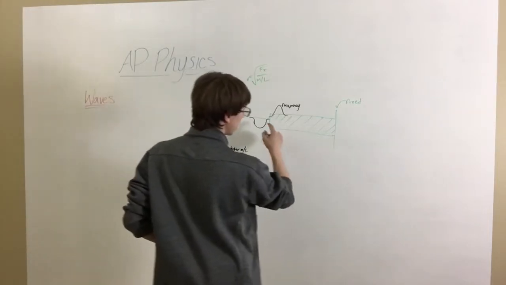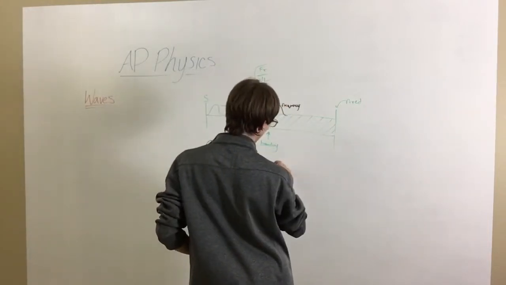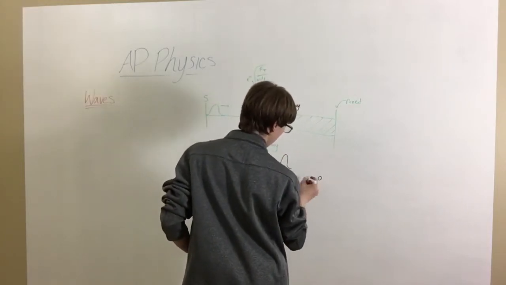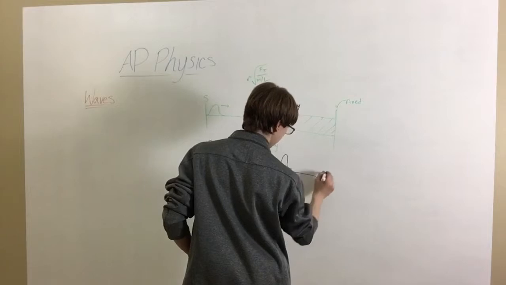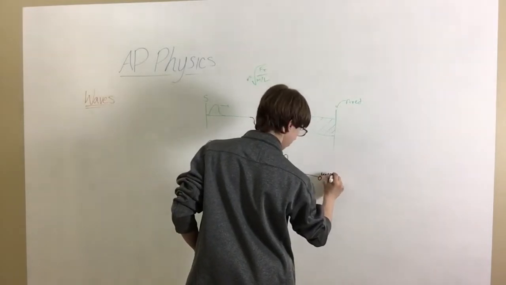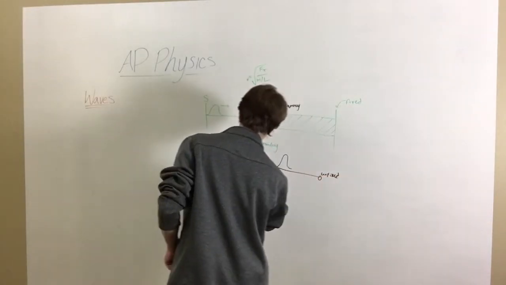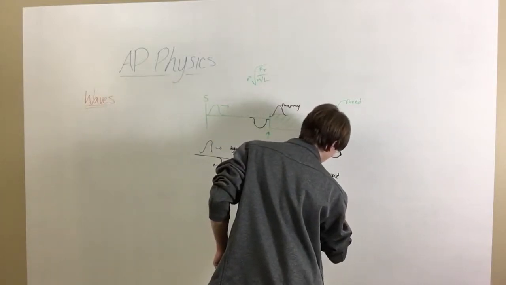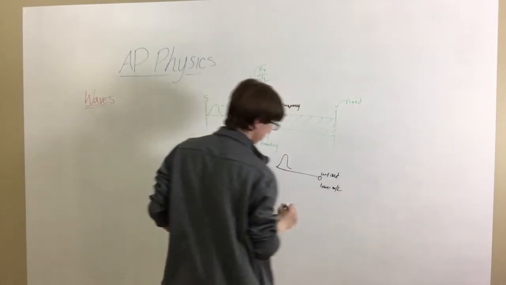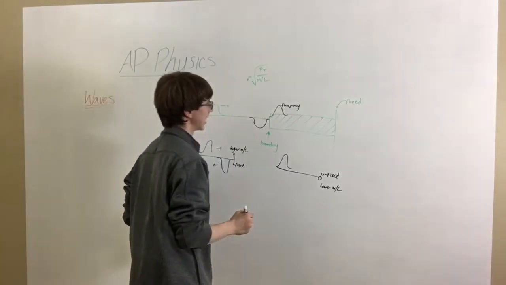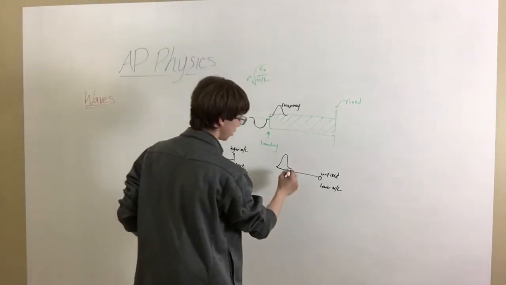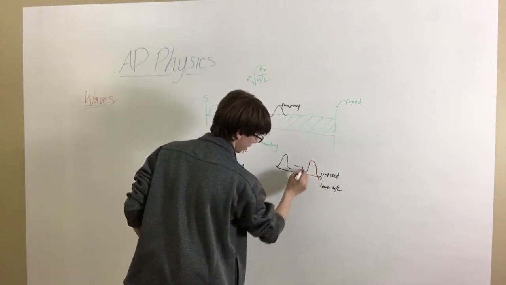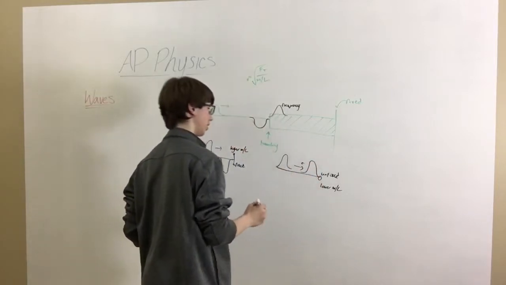But when a wave reaches a point like an unfixed end, or a lower linear mass density, once it reaches this point, it's just going to come back in the same direction.